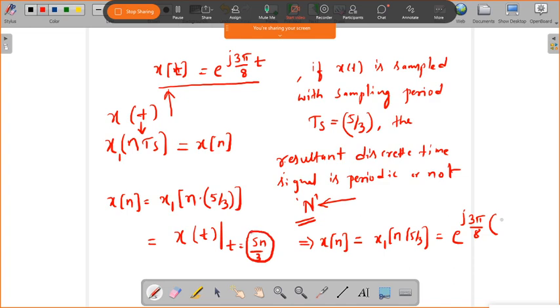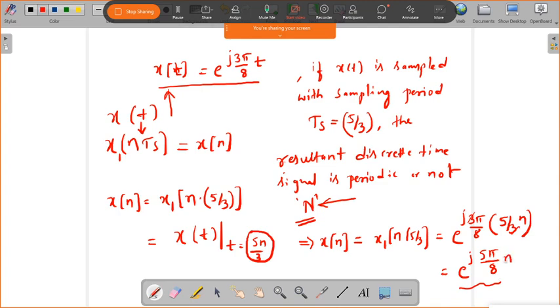Okay, so it is 5 by 3 into n. Now if you take out this 3, they cancel each other, and the resultant signal is equal to e power j 5 pi by 8.